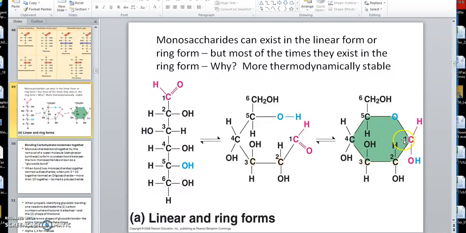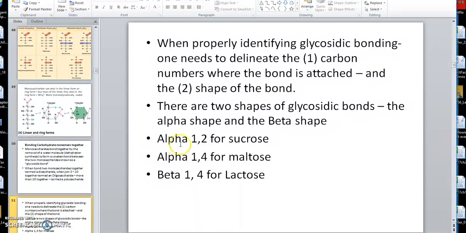In some cases it's the first to the fourth. I'll show you that in a moment. So an alpha-1,2 linkage between a glucose and a fructose is table sugar.